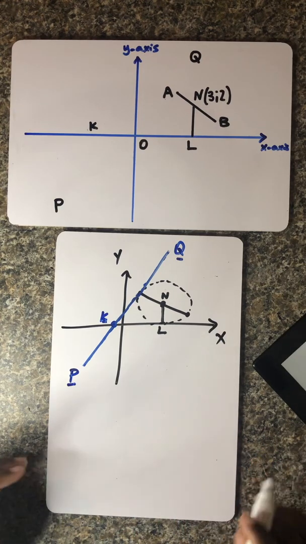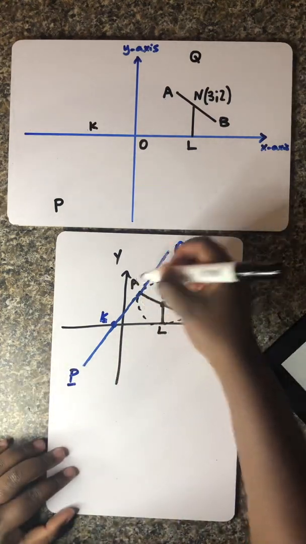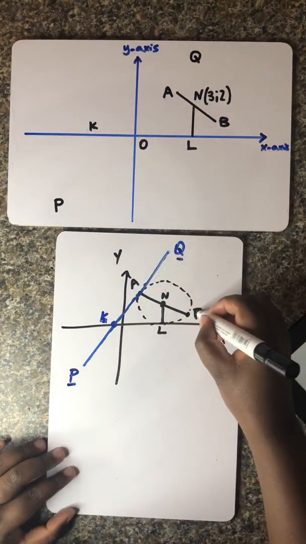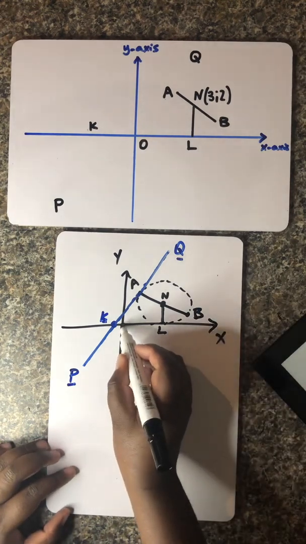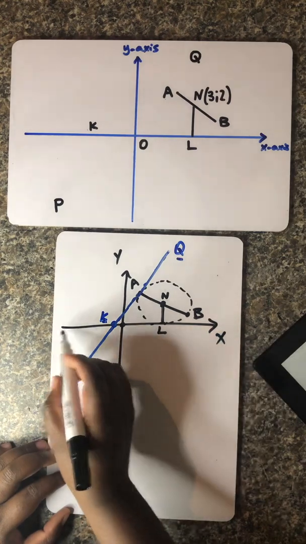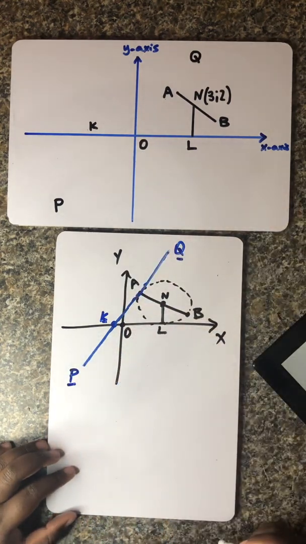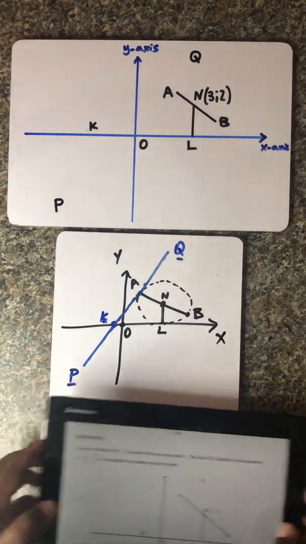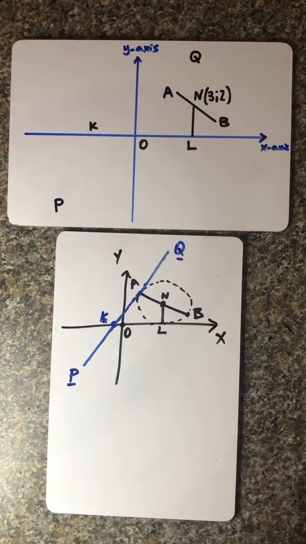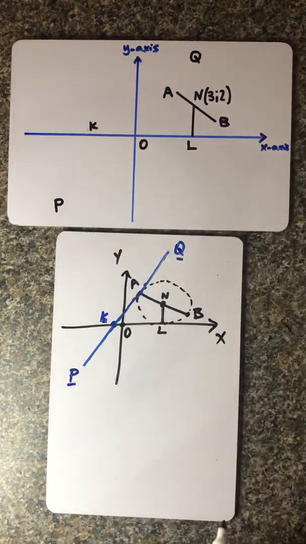Okay, so let me also label that point as point A. Obviously, this is point B. Okay, so guys, we know that the point of intersection of the x-axis and the y-axis is O, which refers to the origin. Ladies and gentlemen, I'm not sure if you are now having a better understanding of what could possibly be going on over there.